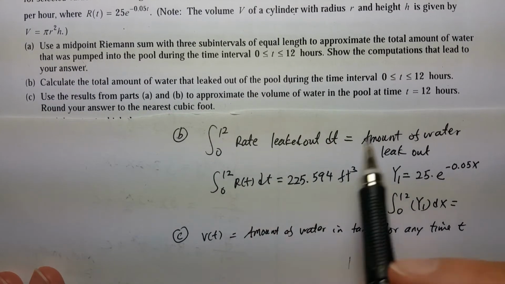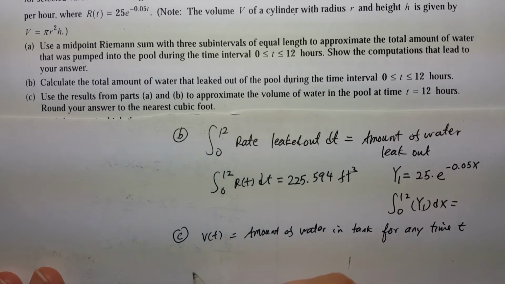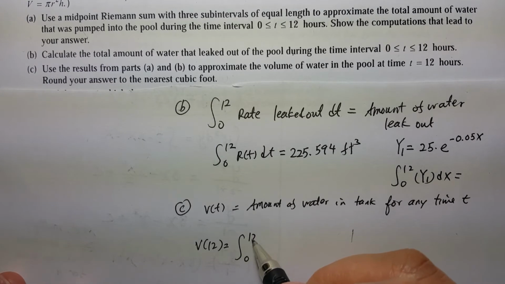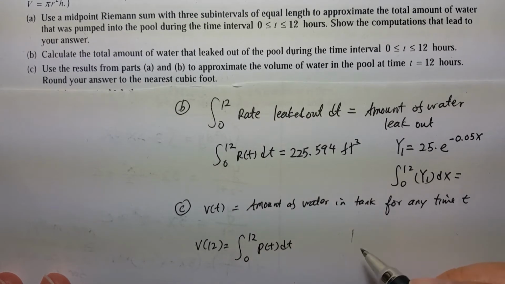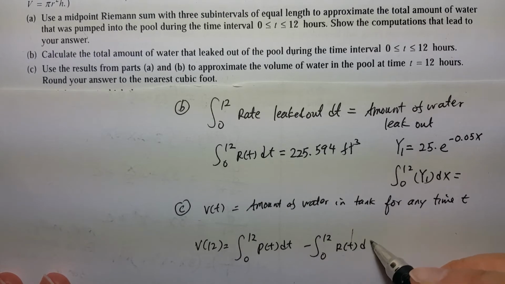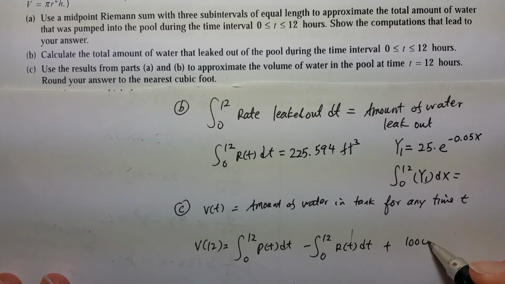Now we want to find the amount of water at t equal to 12. So V of 12 equals the integral from 0 to 12, where the rate in is P of t and the rate out is R of t, which is what we did in part A and part B, plus the initial amount, which is 1,000.